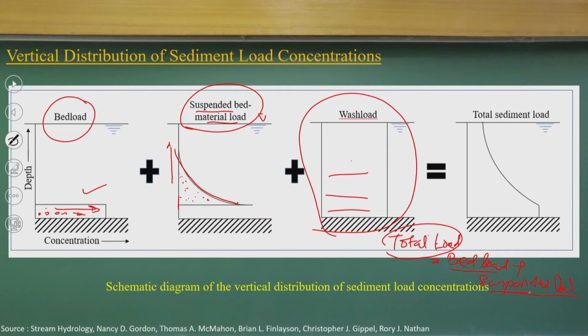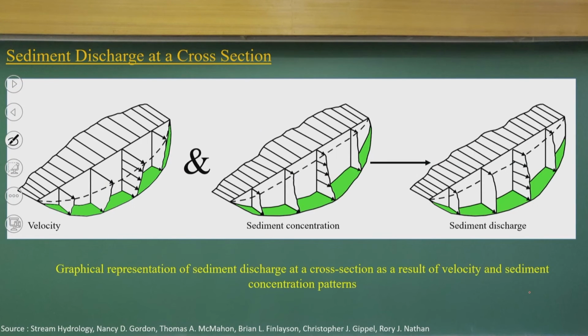Now, if you look at the next part, how it happens at the river level, as a river has cross sections like this, you can see that the velocity distribution will change as you go to the center points, along the flow direction.